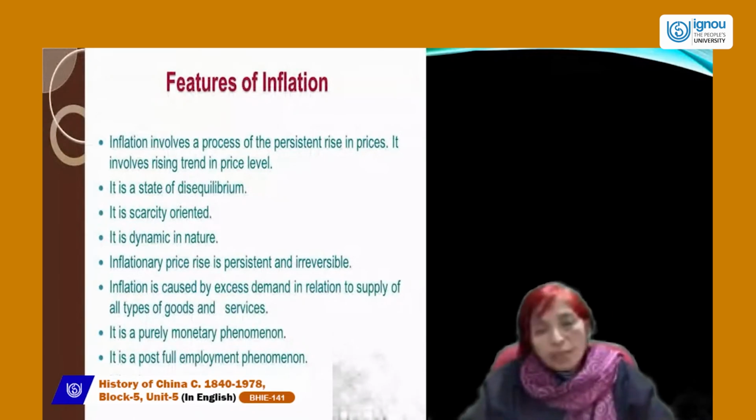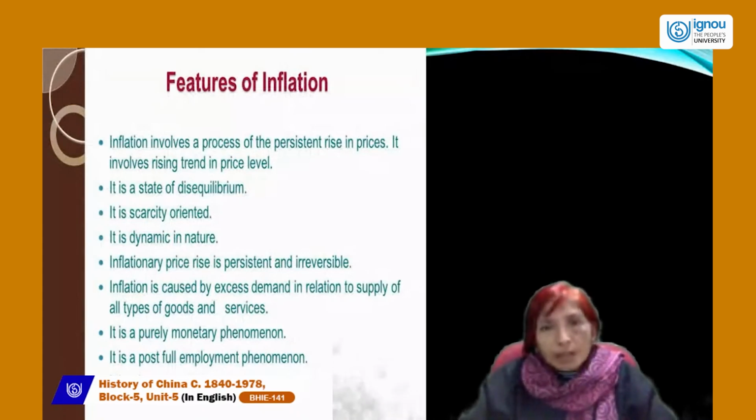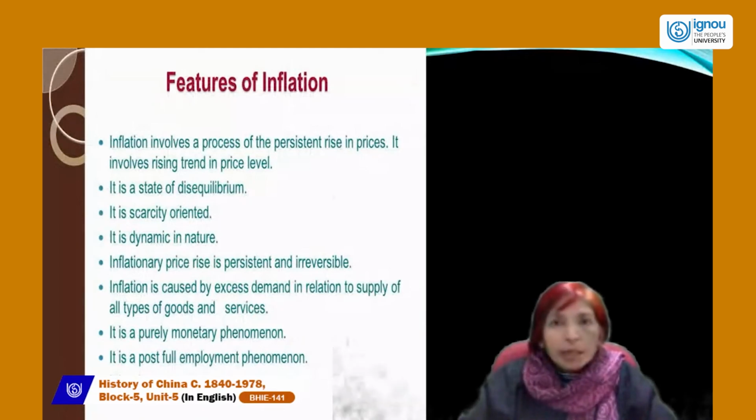Number one feature: inflation involves a process of persistent rise in prices. It involves a rising trend in price level. When price level increases, that is called inflation, but the increase in price level must be continuous or persistent. Then it will be called inflation.